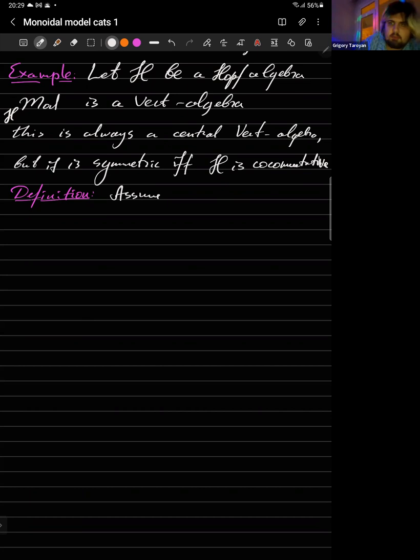Okay, so now we want to define a functor between central algebras. So assume that C is a symmetric monoidal category.